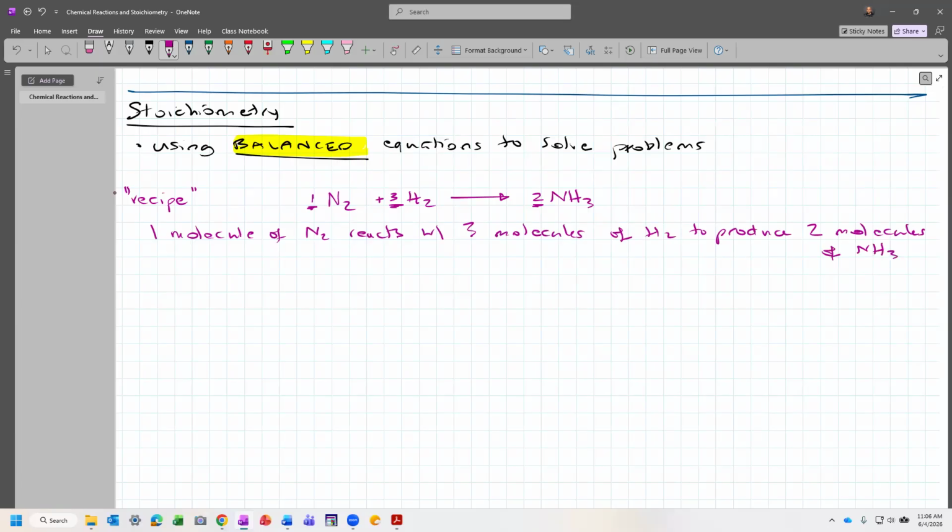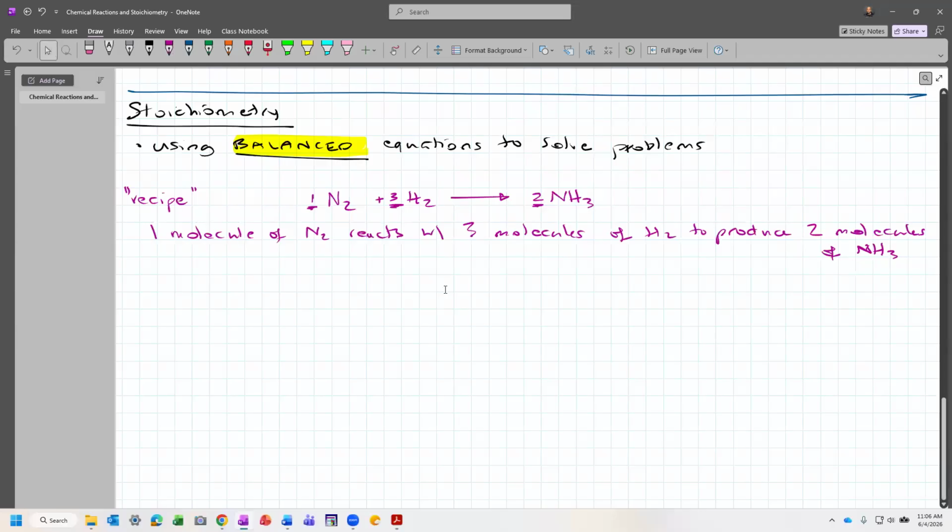That's literally what the balanced equation is telling you. So we can get a recipe for making ammonia in this case. So if I need to make 2 molecules of ammonia, I know that I need exactly 1 molecule of N2 and 3 molecules of H2.